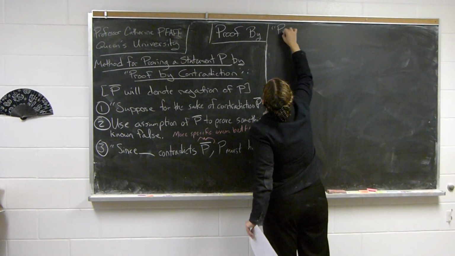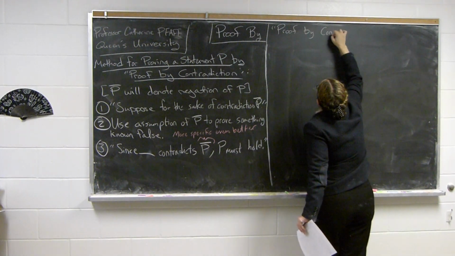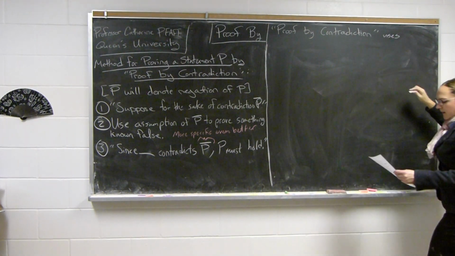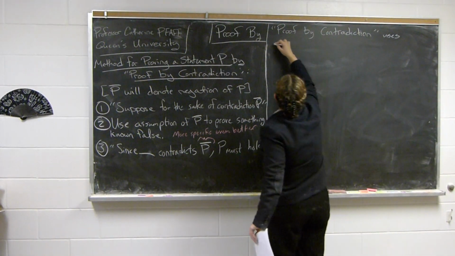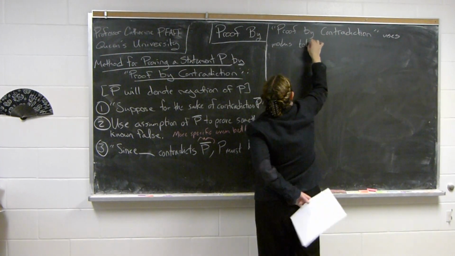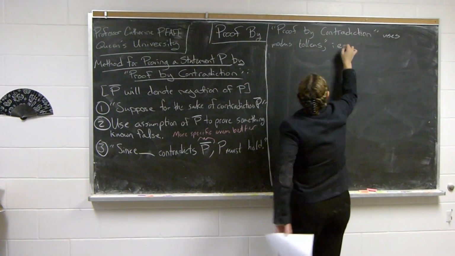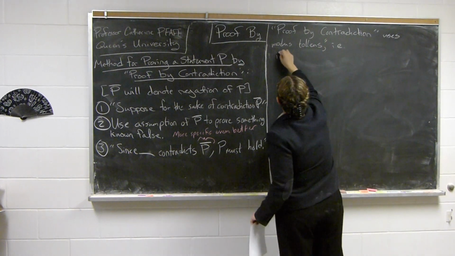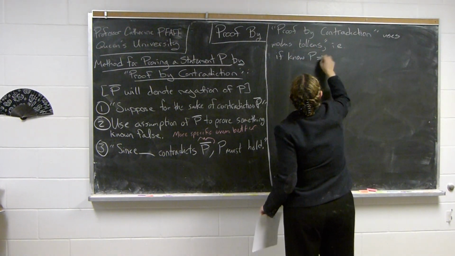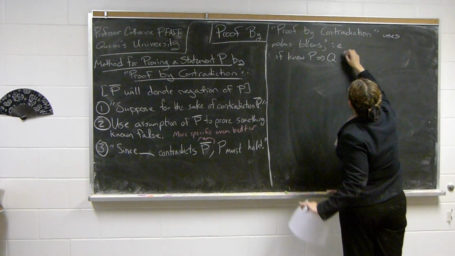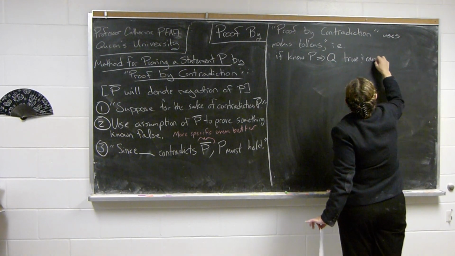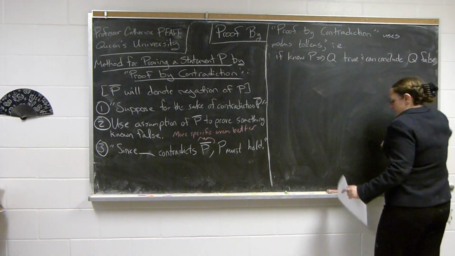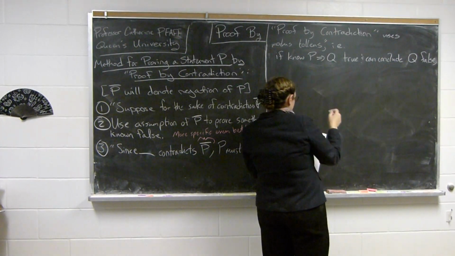So proof by contradiction uses modus tollens, i.e., if we know P implies Q is true and can conclude that Q is false, then we can conclude that P is also false.